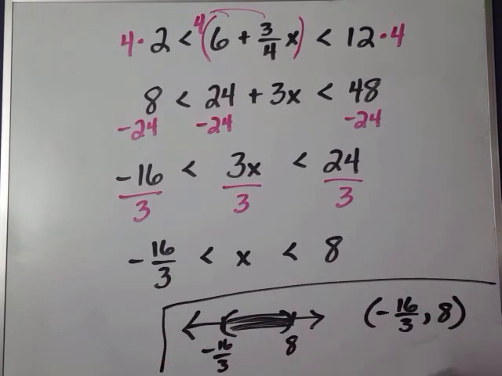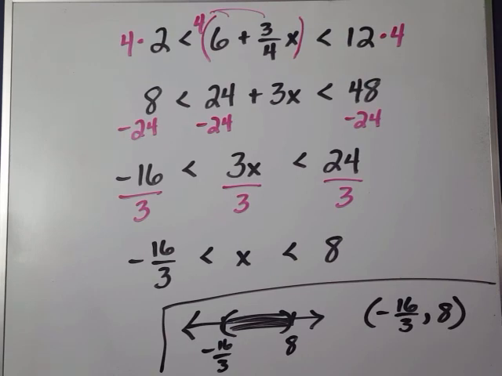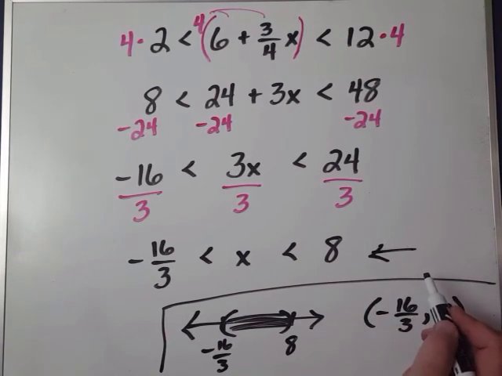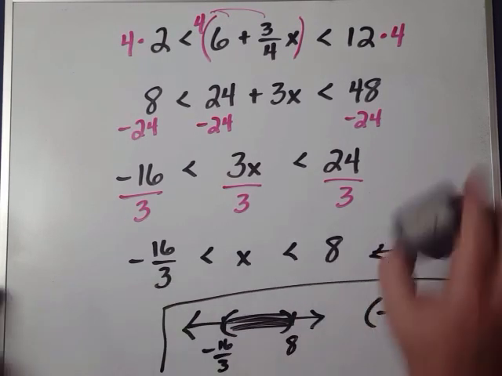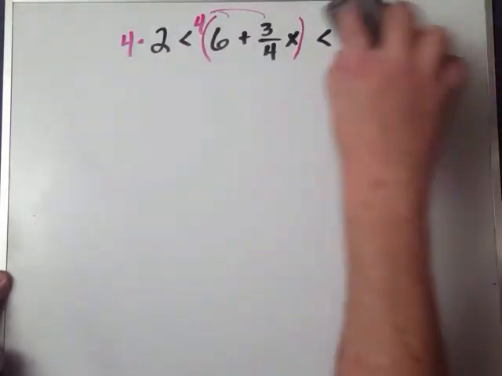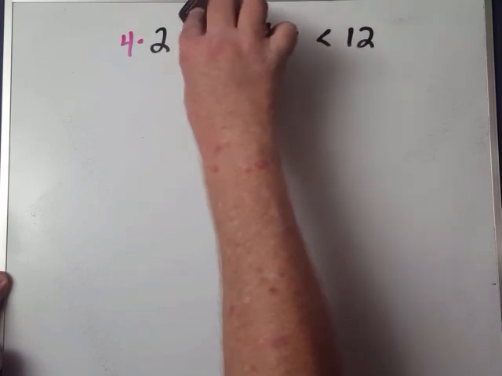Now, truth be told, this problem would not be too tough to work with the fractions in place. Let me just show you very quickly. Remember what we got right here. Okay? X is between negative 16 thirds and positive 8. If I choose to leave that fraction in place, it's really not that tough to work with this time.